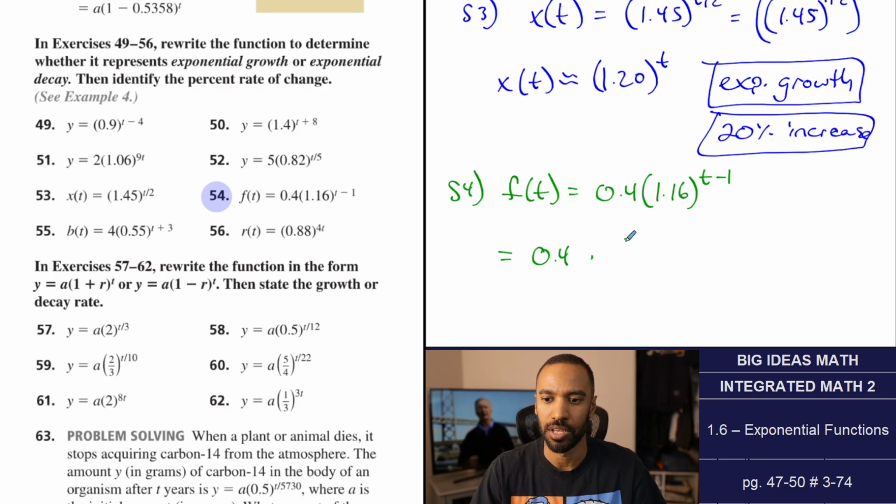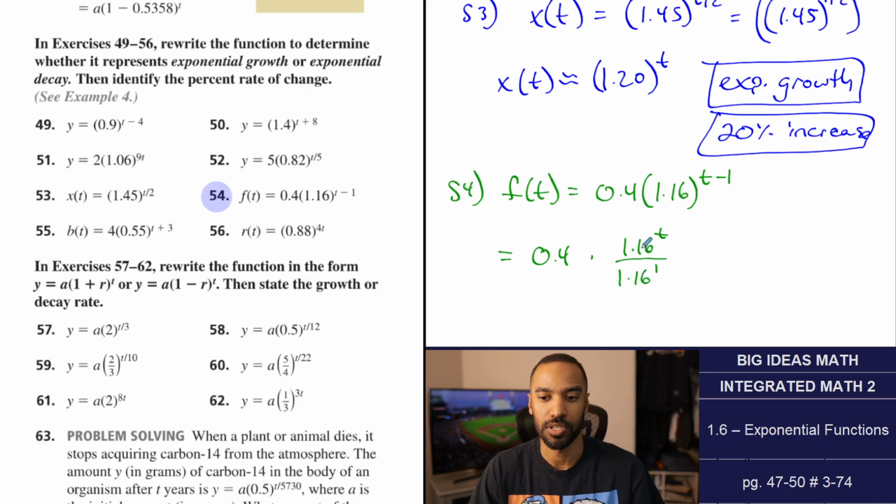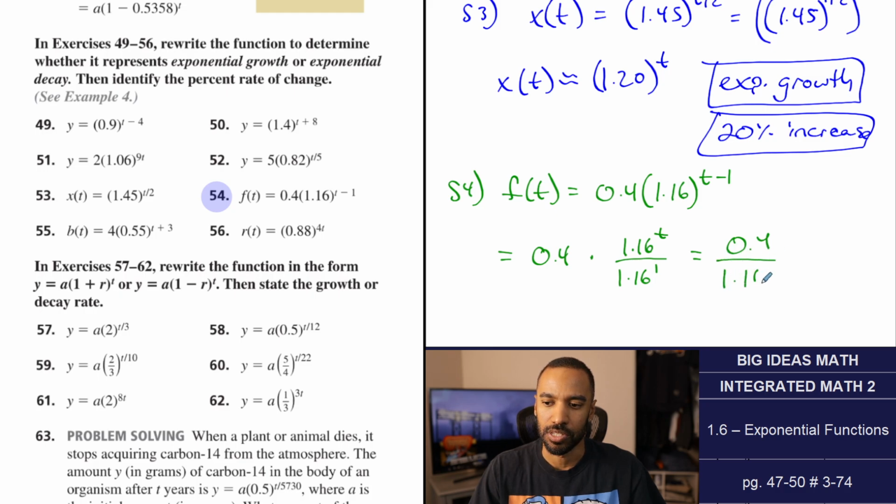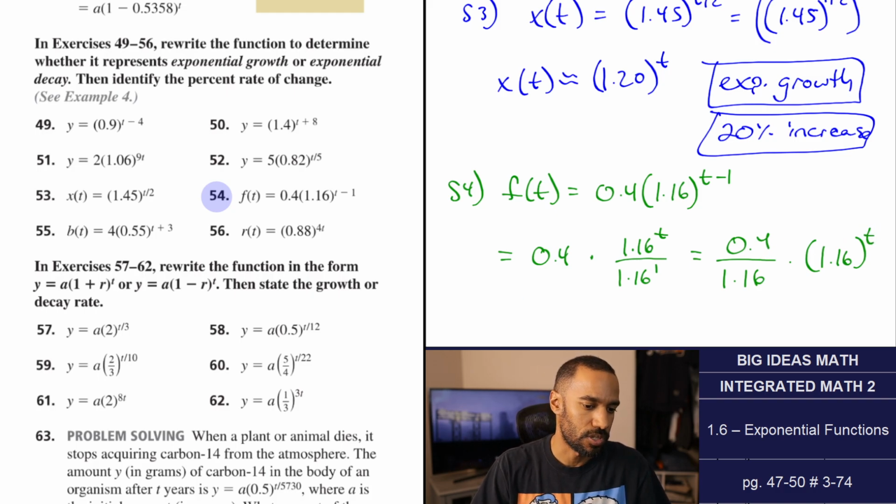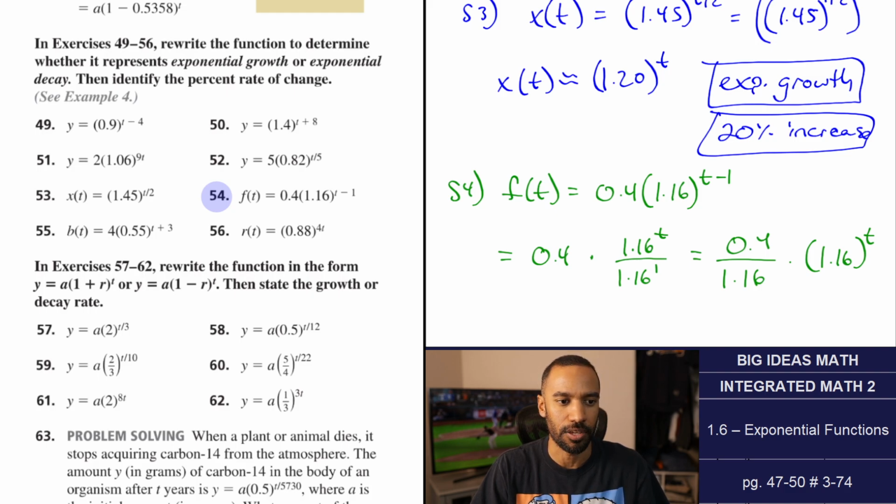So 0.4 times 1.16 to the t over 1.16 to the first power. Now 0.4 gets to divide by 1.16, as this is the 1.16 to the t power. Even though it's not relevant to the question, I really wish they asked sometimes what's the initial value. I don't think they did.